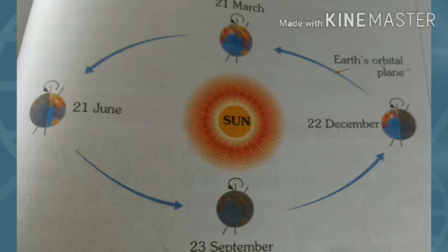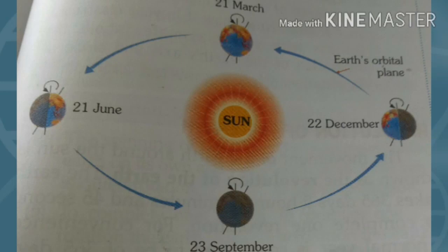The earth revolves around the sun at a speed of about 30 km per second or about 108,000 km per hour. Clear? The earth's orbit is about 965 million kilometers long. These things are not given in your book. Please make a note of it.